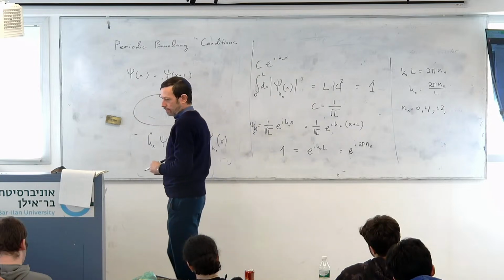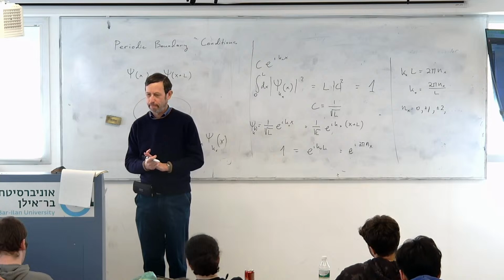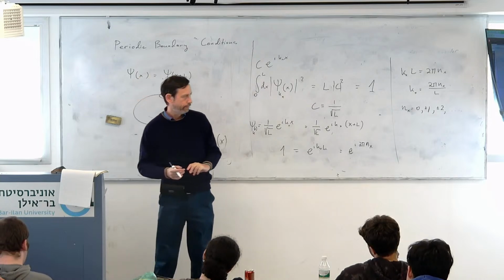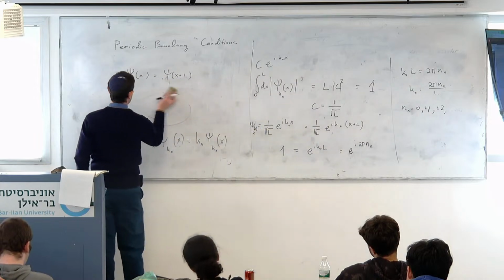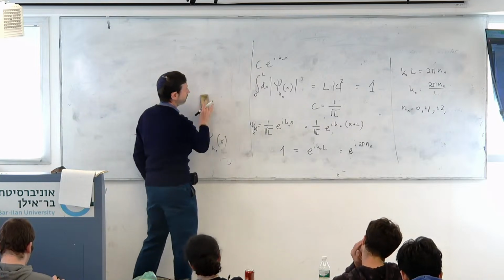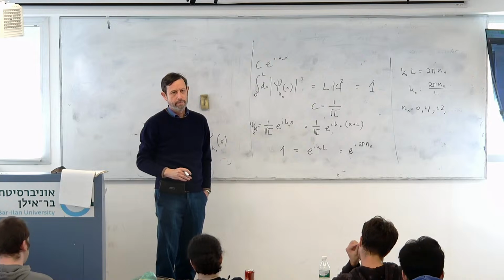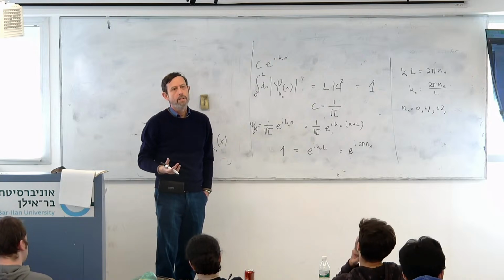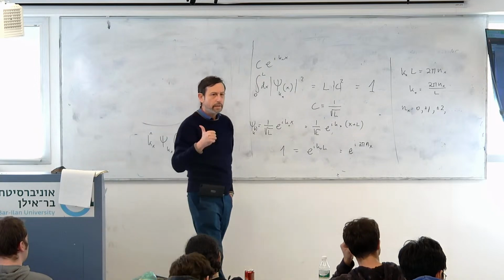Okay, so we did 2 operators. Let's meet a third. This leads us directly to the discretization of energy, right? We are in an empty space, so there is no potential, and we just have to square the momentum.